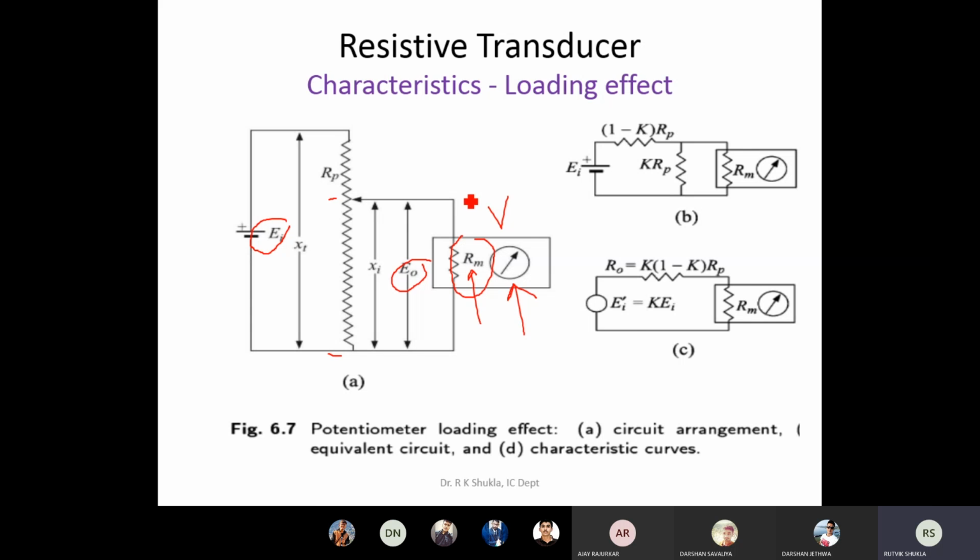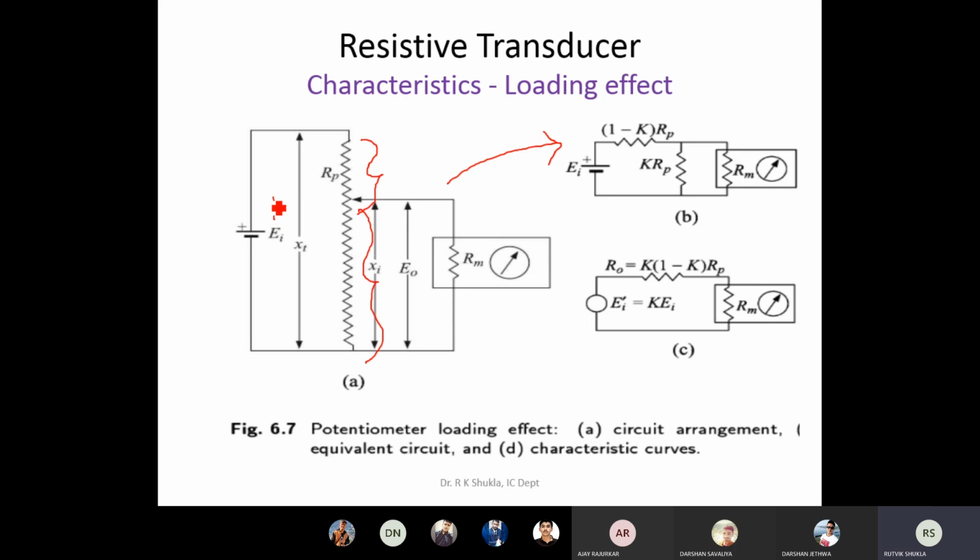Now we want to find out the equation, the relationship between the two. So first we have to reduce the overall circuit. આ circuit ને આપણે ઓછી કરીએ, નાની કરીએ. So first reduction is over here. હવે now if you want to see this, you can see that there are two resistances. One is this, second is this.